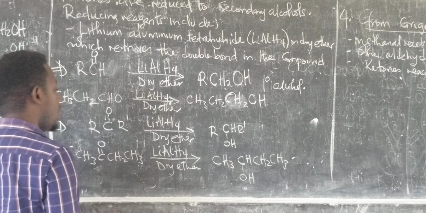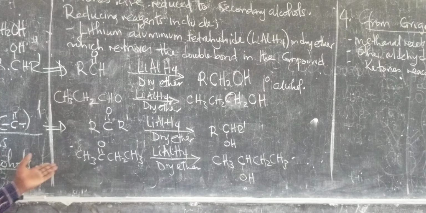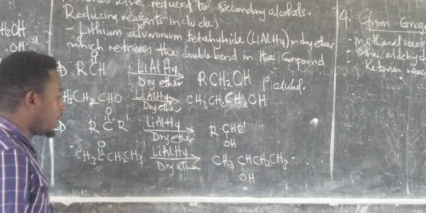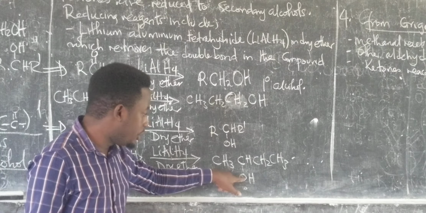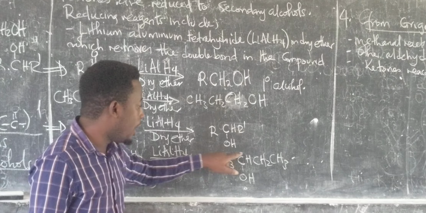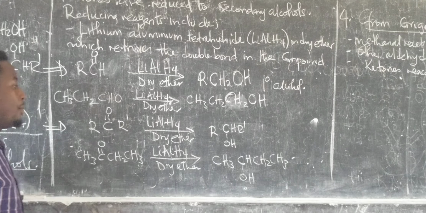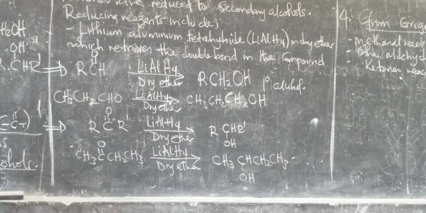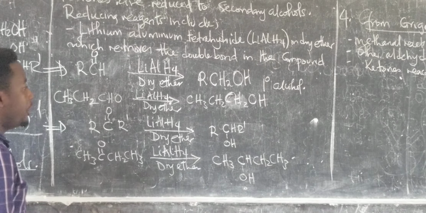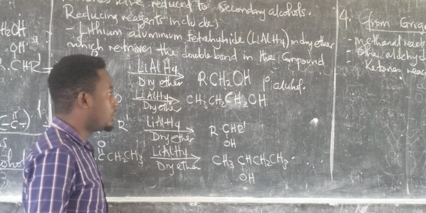So you see that here we have formed a secondary alcohol, because the carbon with the OH has two alkyl groups, or is bonded to 2 carbon atoms. So reduction reactions can also always lead to the formation of alcohols.